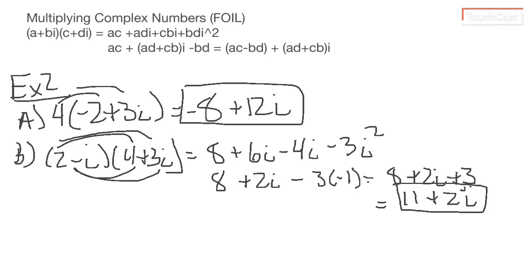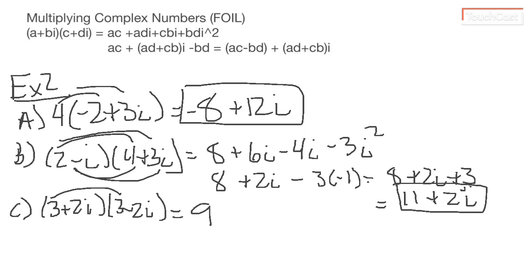Let's look at 2 more. We're going to have 3 plus 2i times 3 minus 2i. So we're going to go 3 times 3, 9, 3 times 2i minus 6i, 2i times 3 plus 6i, and 2i times negative 2i is minus 2i squared, which the middle terms are going to cancel out. i squared is negative 1, so we're going to have 9 plus 2.